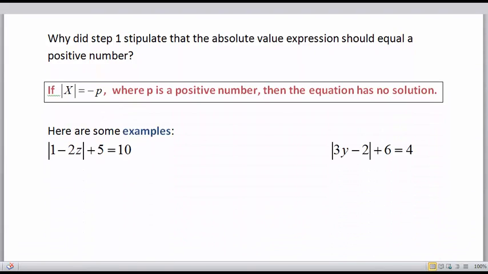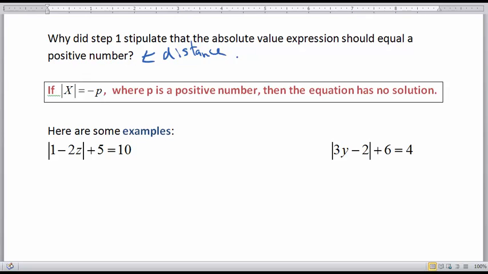Now, the question might be, why did that first step in our process require that the absolute value expression should equal a positive number? Well, remember our definition of absolute value. Our definition of absolute value is distance from 0. So the reason that the absolute value expression should equal a positive number is that distance cannot be negative.